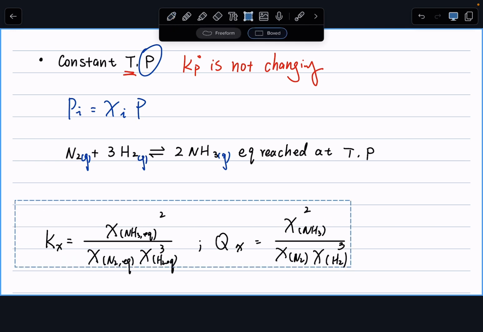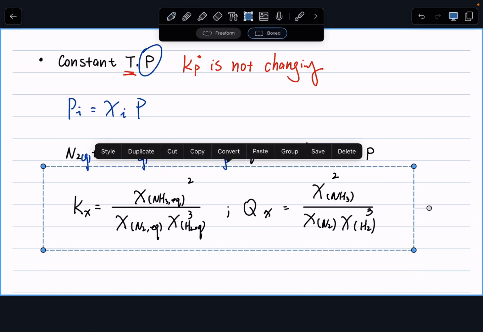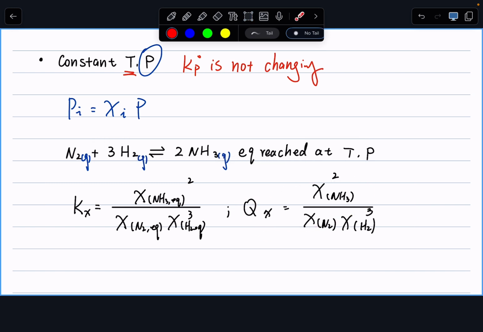And we can write the expression of our equilibrium constant and our reaction quotient using the mole fractions here. This is just a simplification of the original definition of partial pressure, since partial pressure just equals mole fraction times the total pressure. Total pressure is a constant, so we simplified the expression for equilibrium constant and reaction quotient.